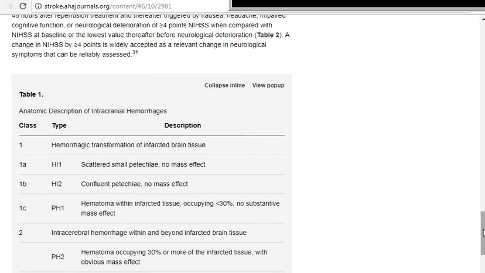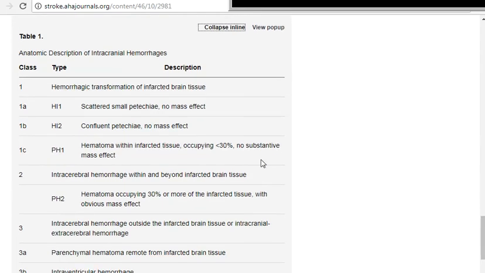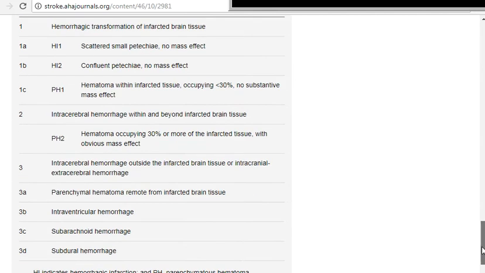The 4th type is like this. Basically, type 1 is small petechial hemorrhage, no mass effect. The second one is more confluent petechial, still no mass effect. The type 3 is the parenchymal hematoma, less than 30% of the stroke volume with no significant mass effect.